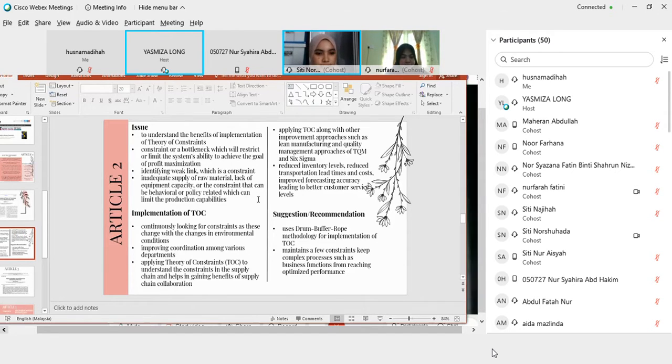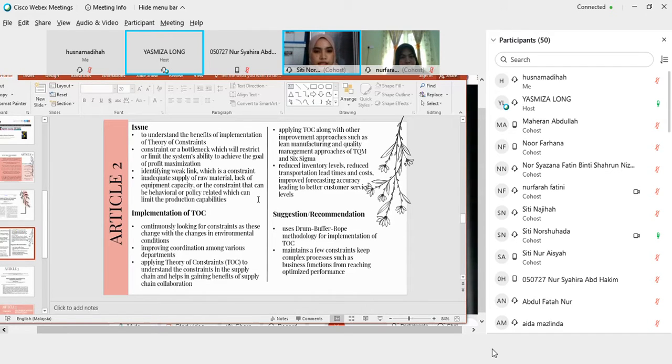The third one is applying theory of constraint to understand the constraints in the supply chain and helps in gaining benefit of supply chain collaboration. The fourth one is applying theory of constraints along with other improvement approaches such as lean manufacturing and quality management approaches of TQM and Six Sigma.